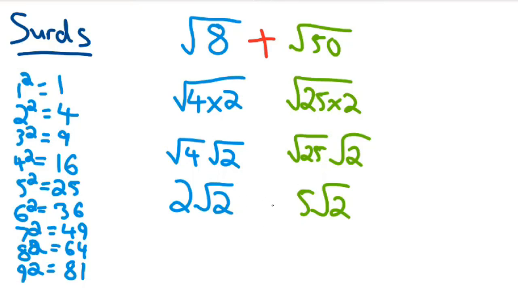And now that they are the same square root 2, we can simply say, if this is 2 lots of root 2, and this is 5 lots of root 2, and you put them together, that would be 7 root 2. Okay?